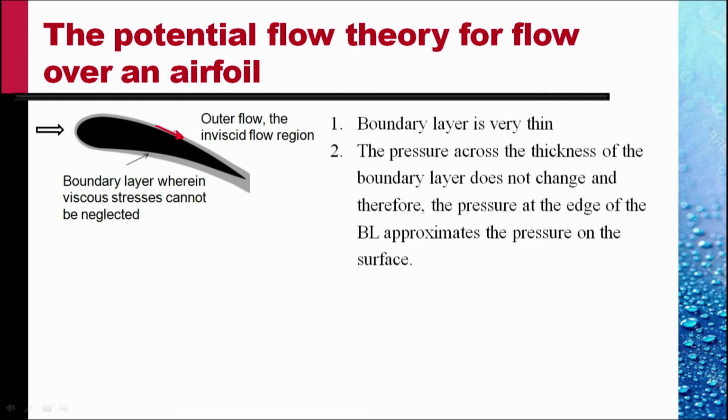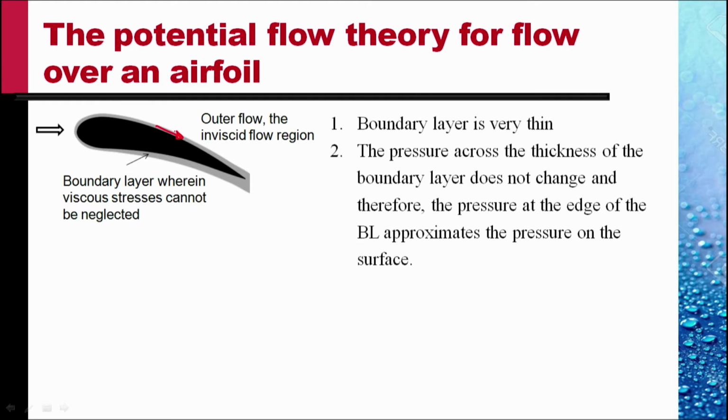But the boundary layer is very thin, and as can be shown in the development of boundary layers, the pressure across the thickness of the boundary layer does not change, and therefore pressure at the edge of the boundary layer is the same as pressure on the surface of the airfoil.